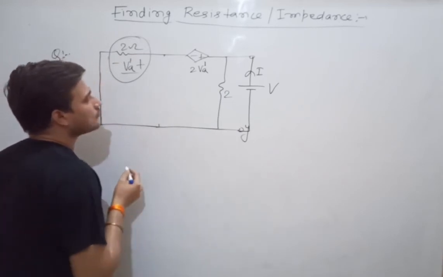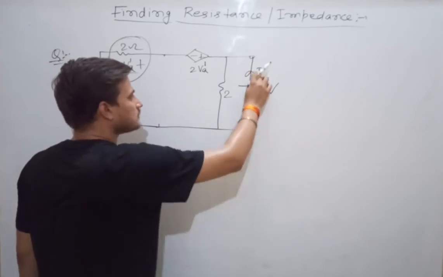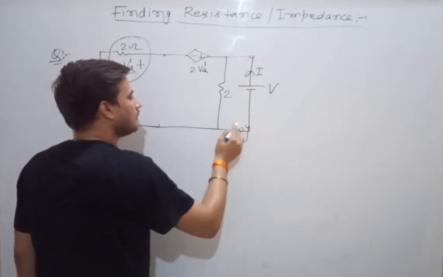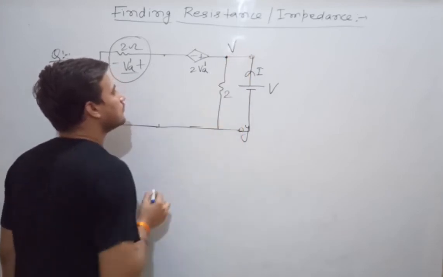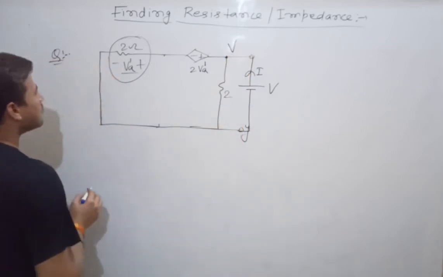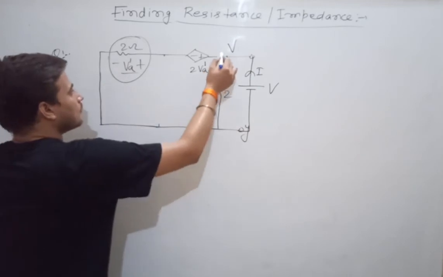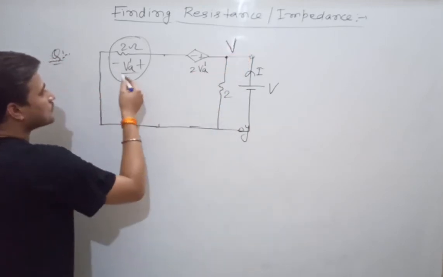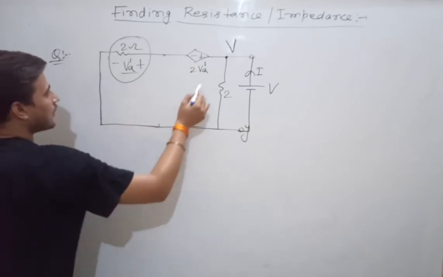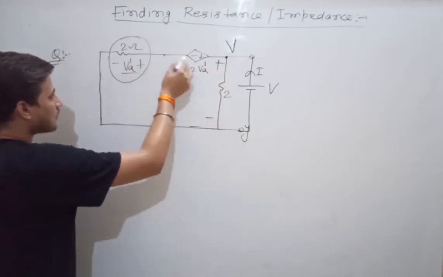Then do one more thing. This is voltage V. This is the ground terminal. So the potential of this point will also be equal to V. Clear? So next, apply Kirchhoff's voltage law.